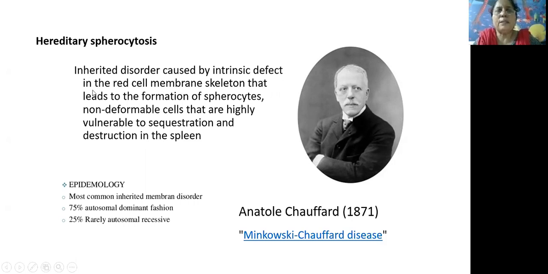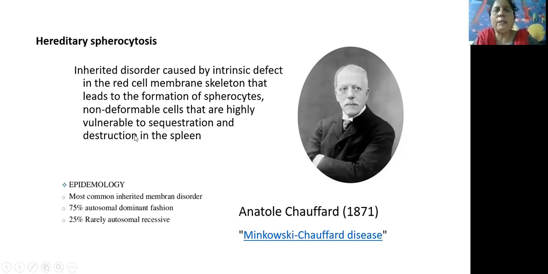So what will it form? It forms spherocytes. Spherocytes means, remember, balloon, spherical. So it is non-deformable. I told you the cell has to squeeze through the capillary small vessels, but it cannot be done. They are highly vulnerable to sequestration and destruction in the spleen.